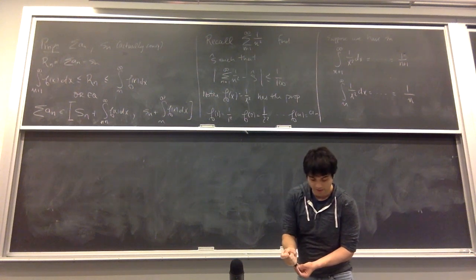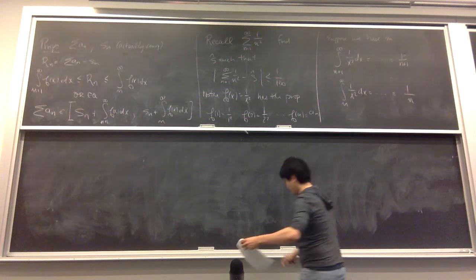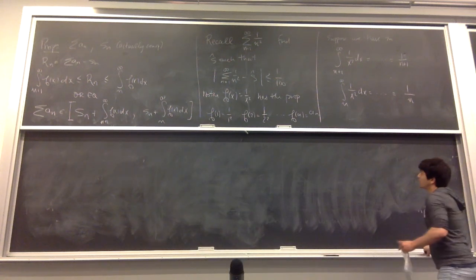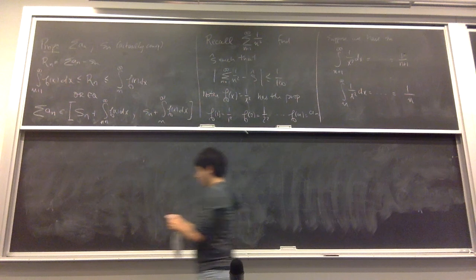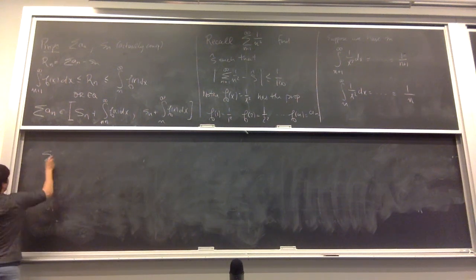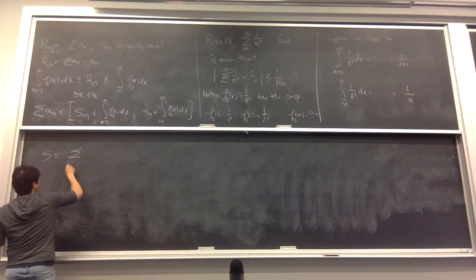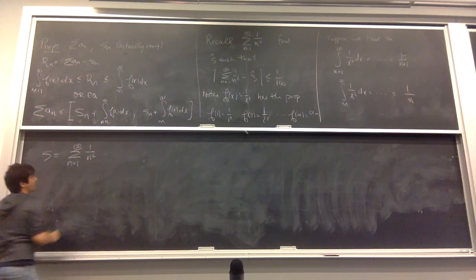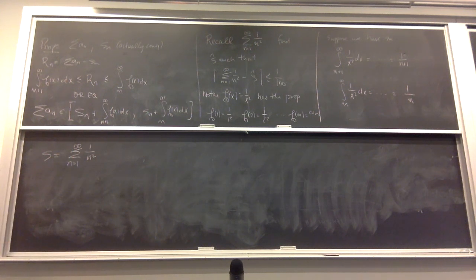Okay, so I'm going to draw the number line now and try to illustrate what we've deduced. The exact sum that we want is this S, and what our proposition has said is that we found a region where S is trapped.